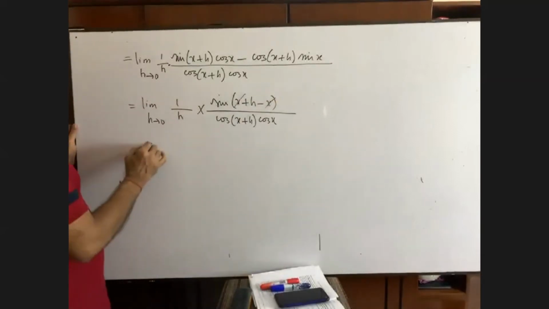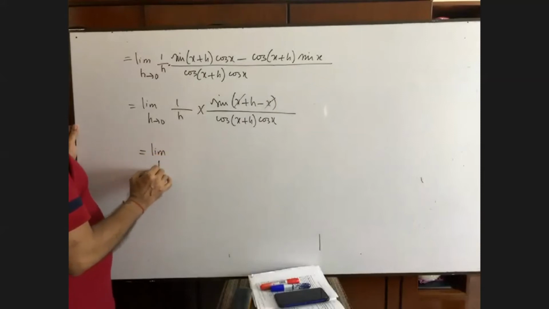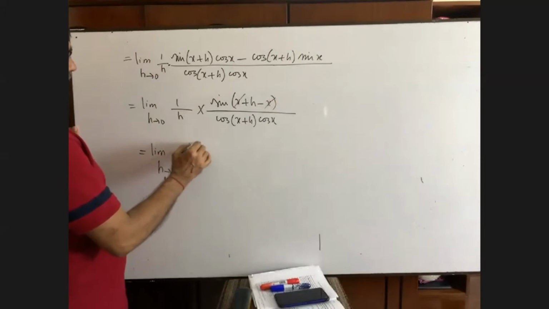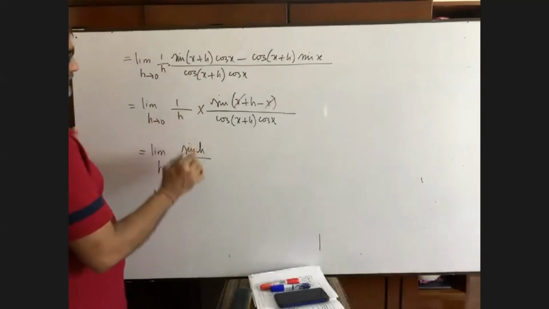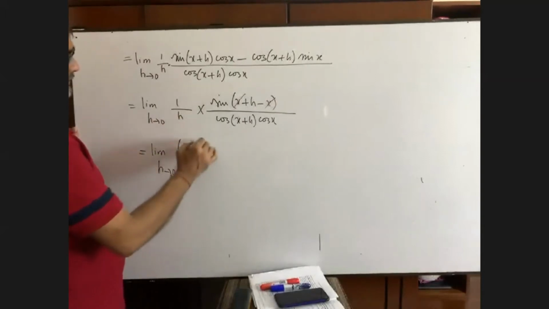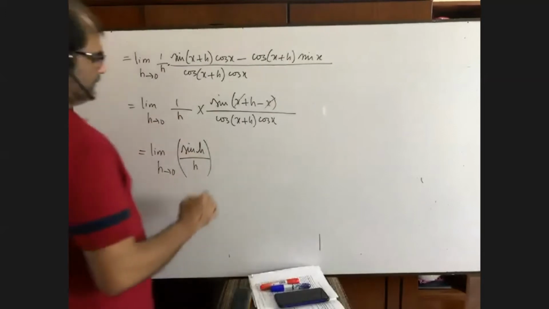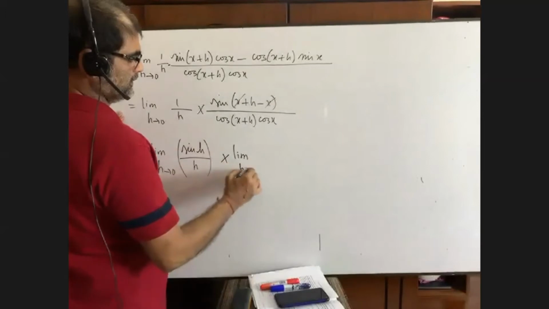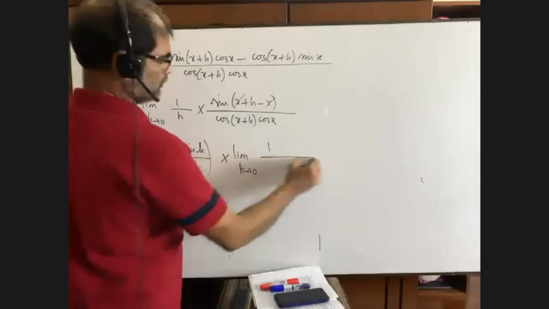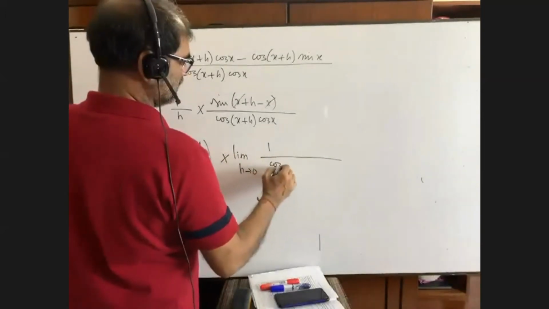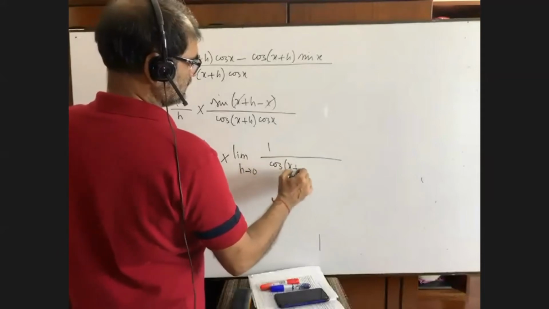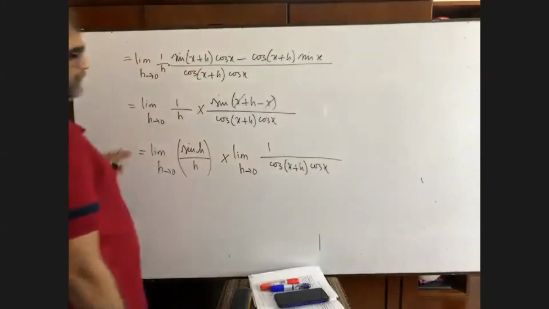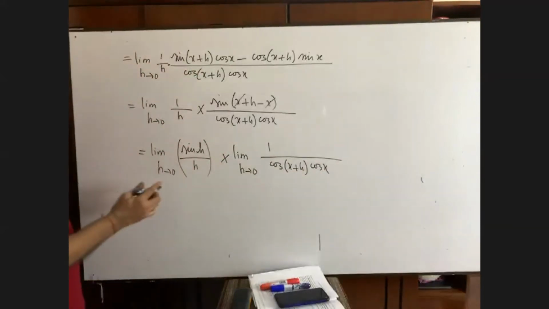So we can write here limit h tends to be 0, sin h by this h, into limit h tends to be 0, 1 by cos into cos x. Now you put the formula here.